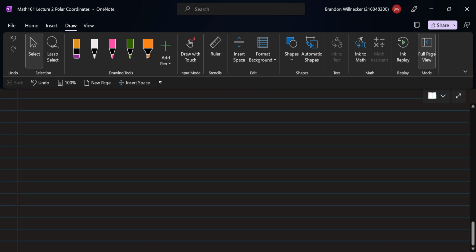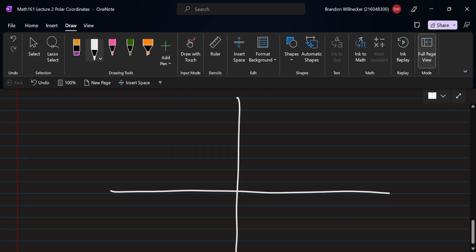We're going to draw it on the same plane. We've got this point P, and we can write it in terms of Cartesian or in terms of polar. What is this point in Cartesian? Here is x, and over here is y.